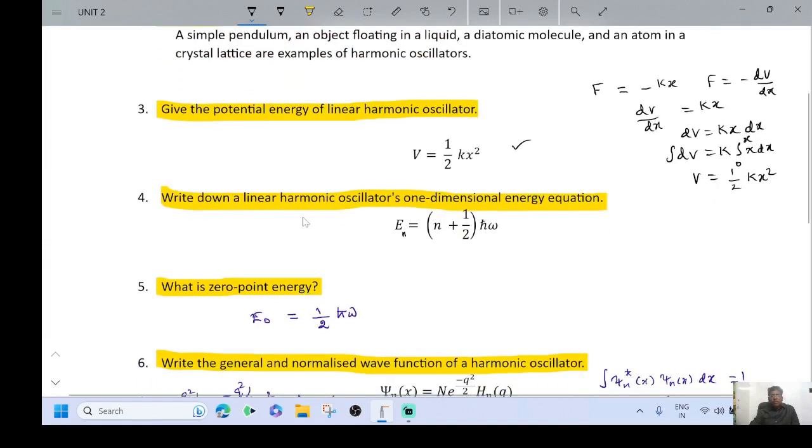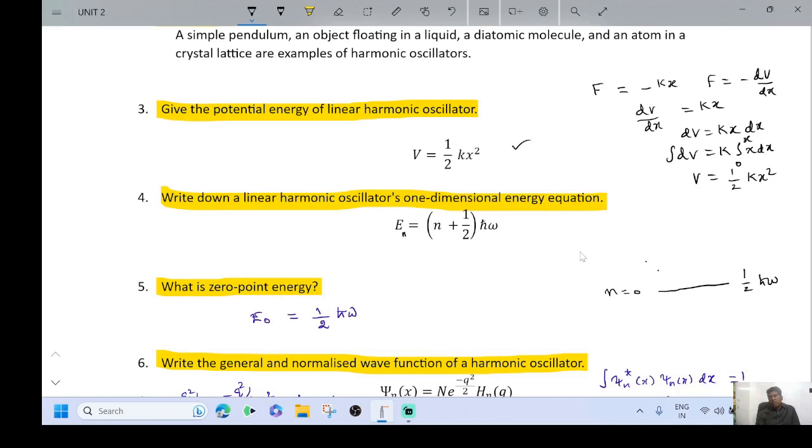Write down a linear harmonic oscillator's one-dimensional energy equation. En = (n + 1/2) ħω is the energy expression. If you put n = 0, we can get our zero point energy. It is 1/2 ħω.